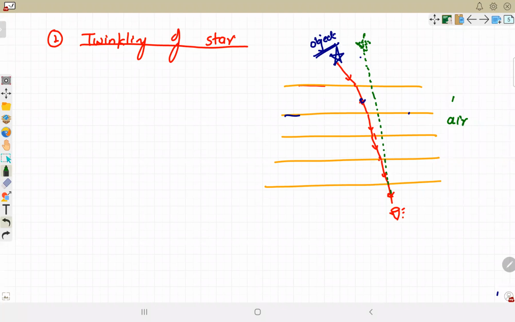The layers of air will be moving due to wind and other effects, not fixed, due to which the image of the star will slightly change its position. When it is slightly closer, it appears a little bright, and when it is farther, it will be slightly faint, right?